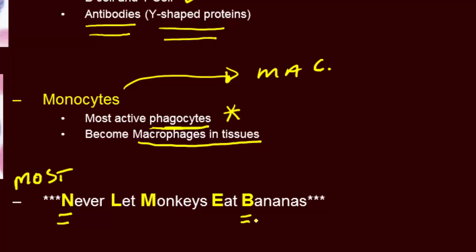Bananas are our basophils. Those are the least common. Okay, and the others fall in between. So L is our lymphocytes, M are our monocytes, and E are our eosinophils. Okay, so that kind of gives you a little mnemonic for remembering the order in which these cells are found as far as how numerous they're found in the blood.